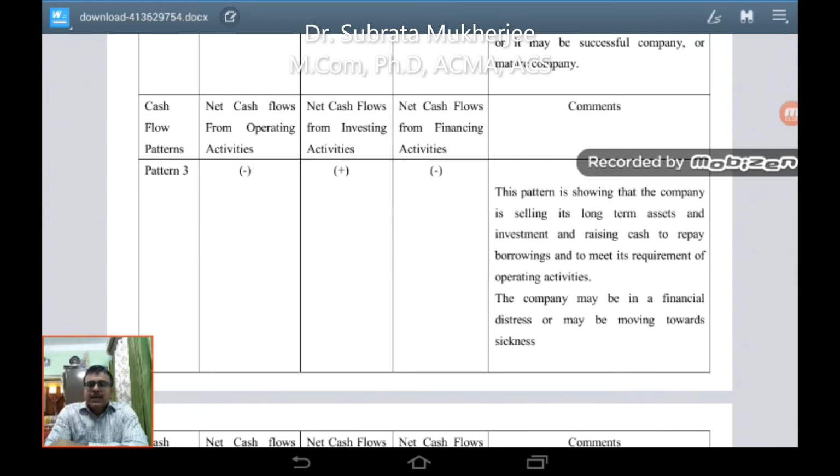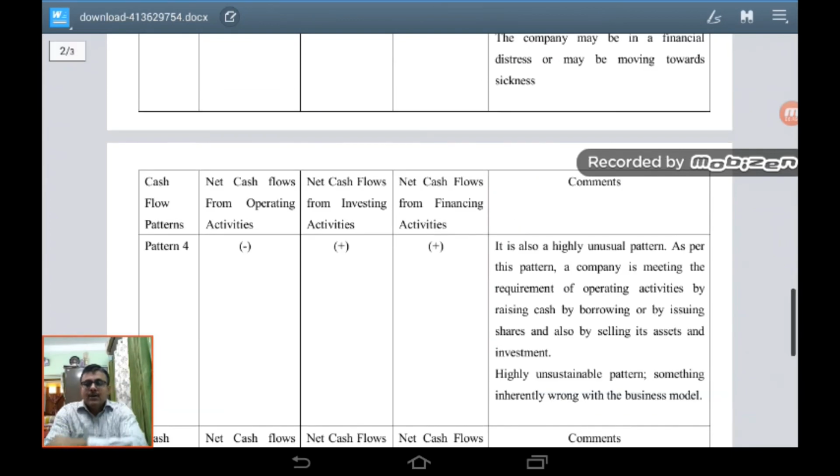A positive cash flow from investment activities means it is selling off its fixed assets. And negative cash flow from financing activity means that it is redeeming its capital. This pattern shows that the company is selling its long-term assets and investments and raising cash to repay the borrowings and to meet its requirement of operating activities. The company may be in financial distress or may be moving towards sickness.